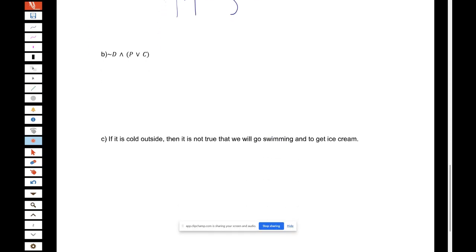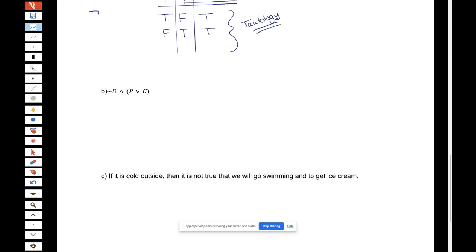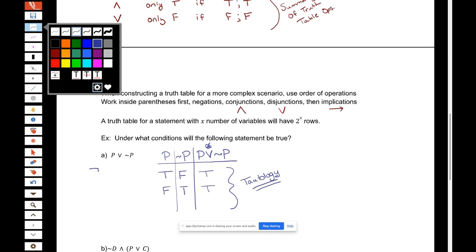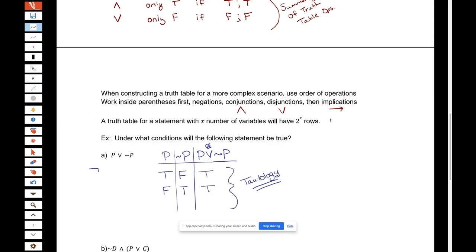Now we have a truth table with three variables for the next one. I'm going to write this up here because it's going to connect to what we're saying. One variable means two rows going across, like this one here. Two variables mean four rows. Three variables is going to be 8 rows.